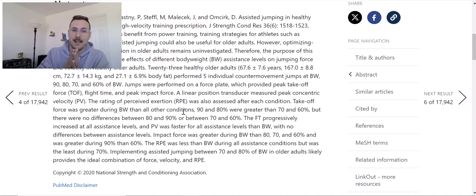Some people can't access that much of it very quickly, so they have low power. If you lower the demand, then of course that means more people are able to access more of their strength because they're maybe not trained, but they don't need to be, right? So that's why it's saying peak velocity was faster for all assistance levels than body weight, with no differences between assistance levels. Interesting.